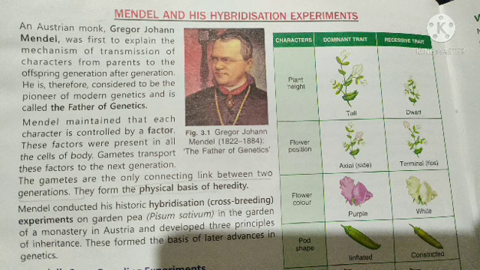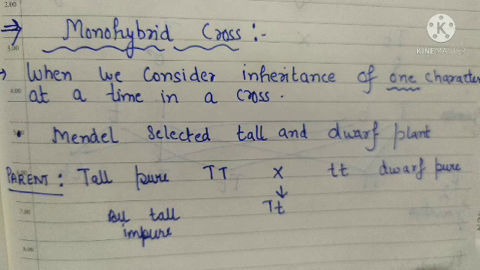For example, the F1 plants which are formed by crossing a tall and a dwarf plant, as you can see here in the monohybrid cross. Here you can see the homozygous tall parent crossed with the homozygous dwarf pure parent.